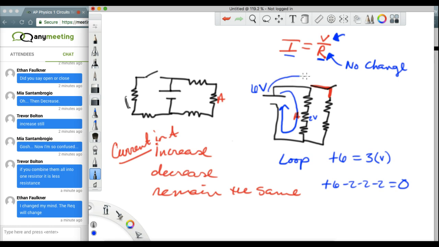Now on the outside, when that switch closes, I'm going to have a third loop, another independent loop. And I can easily see that the voltage drop across these will each be 3 volts.